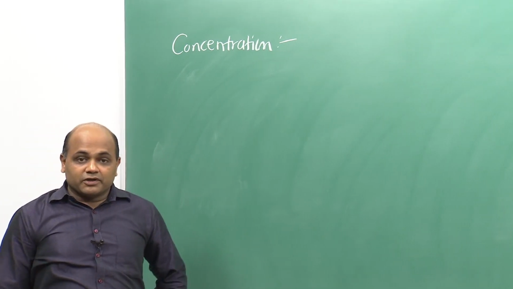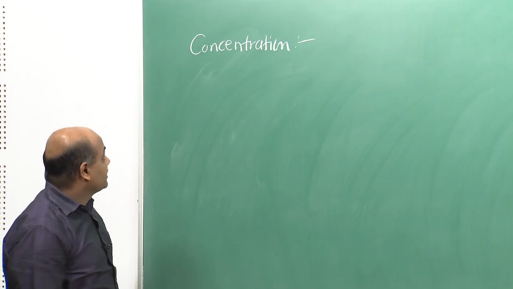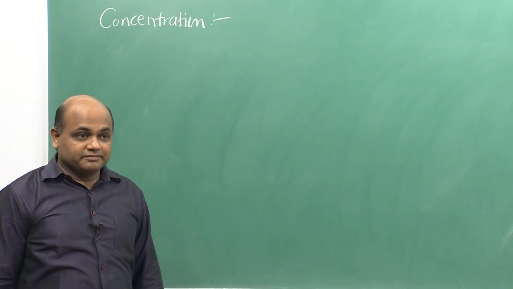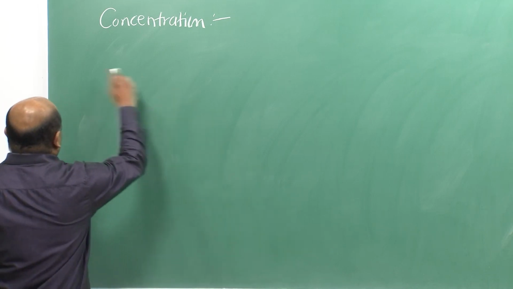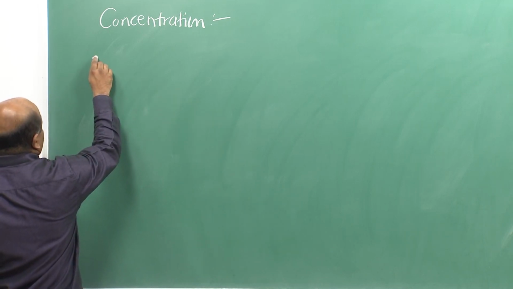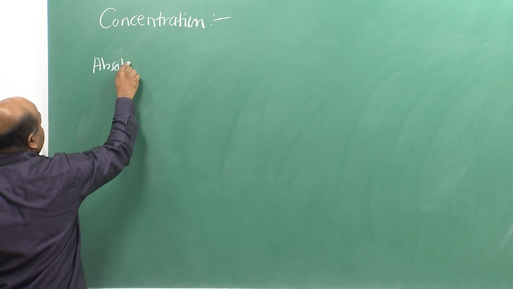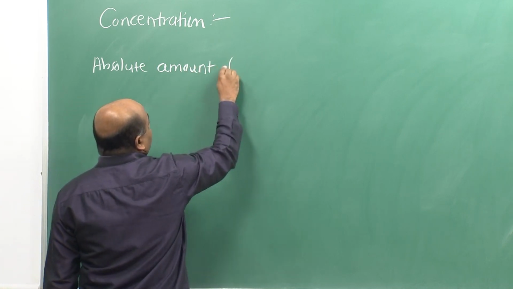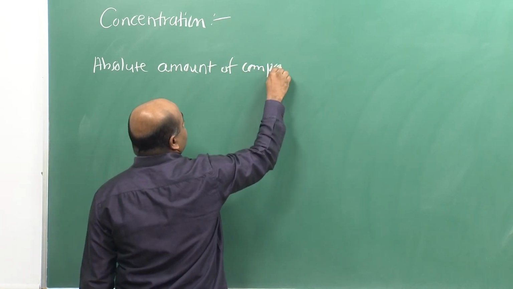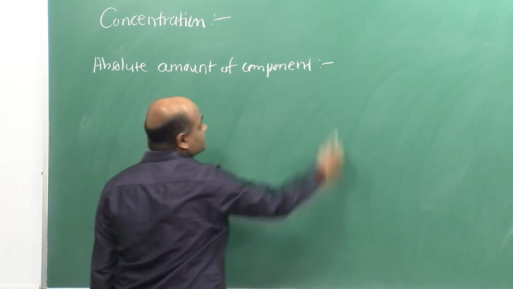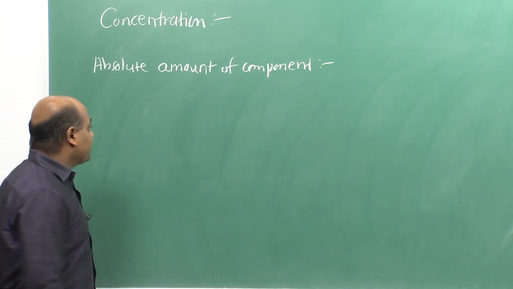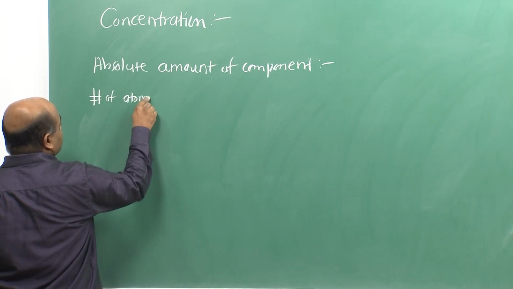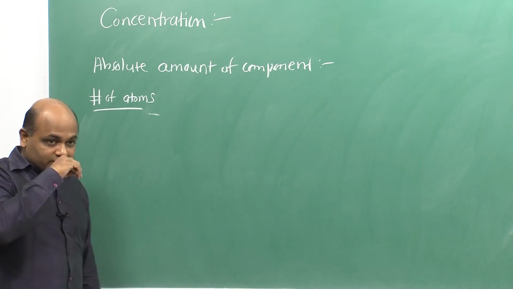So, concentration is an important parameter here, and concentration can be expressed in a number of units. It can be either in terms of absolute amount of component, for example, number of atoms per unit volume of the alloy, right.